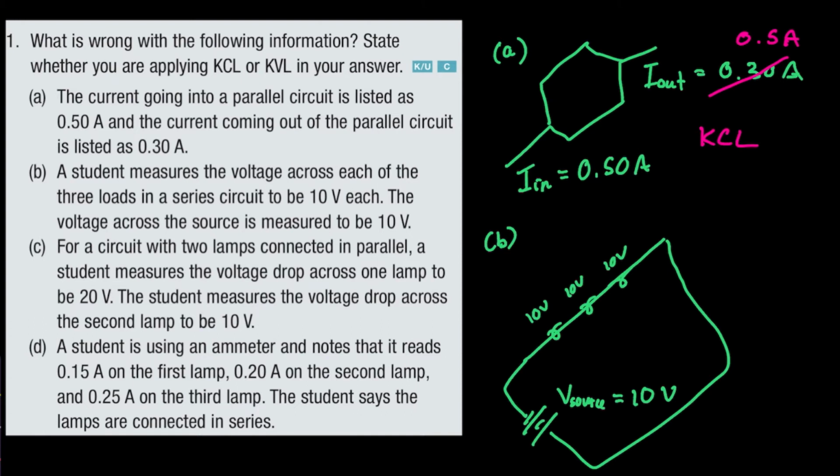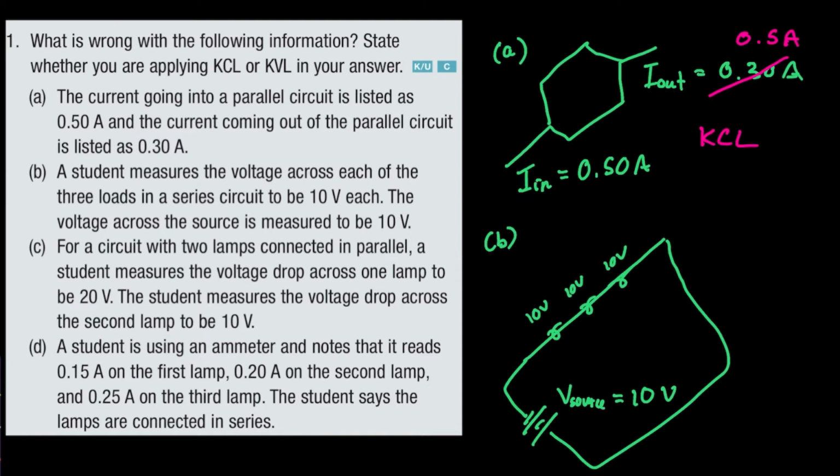Now in a complete circuit, all the voltage from the source needs to be lost in the circuit. So this will make sense because the source is 10 volts, and if the first voltage drop is 10 volts, then there will be nothing left over for the other two loads. So this is a violation right away.